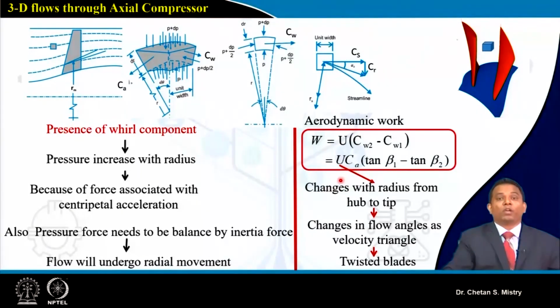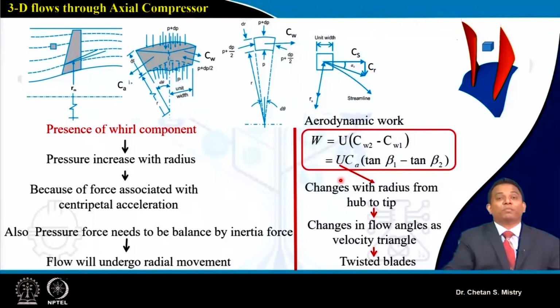So overall, our flow is no more a two-dimensional flow. Our flow configuration is highly three-dimensional, and this three-dimensionality happens because of the growth of the boundary layer, and because of the presence of the tip leakage flow.